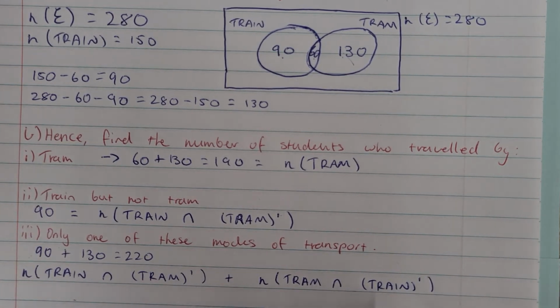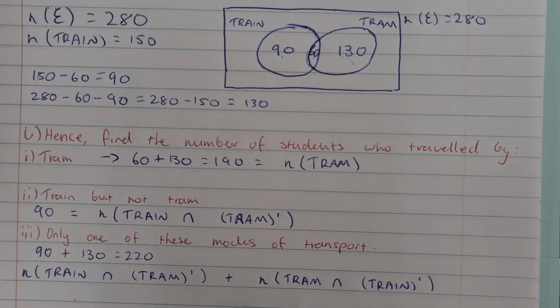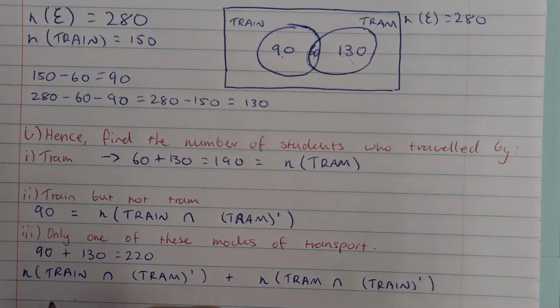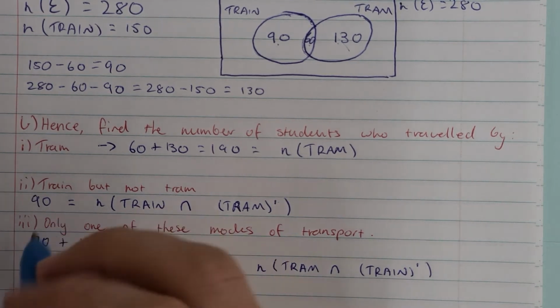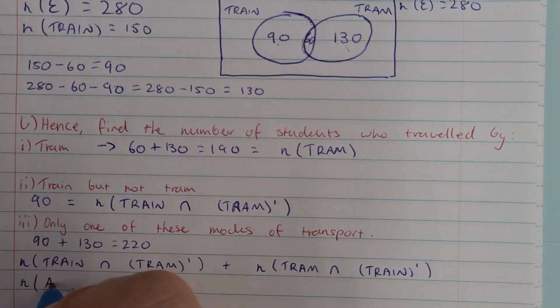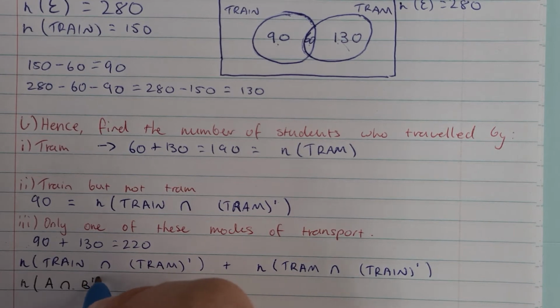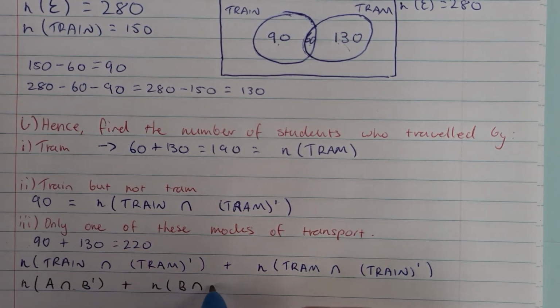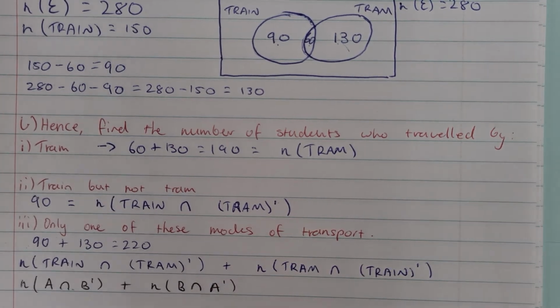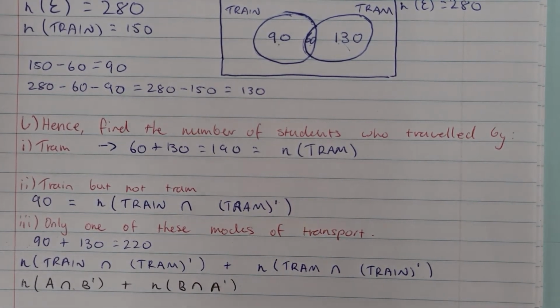Now that does look a bit confusing because tram and train are very similar. You can imagine if you're using A's and B's, it might look a little better. So let's see what that would look like. So if you're using A's and B's, it looks a little bit more friendly.